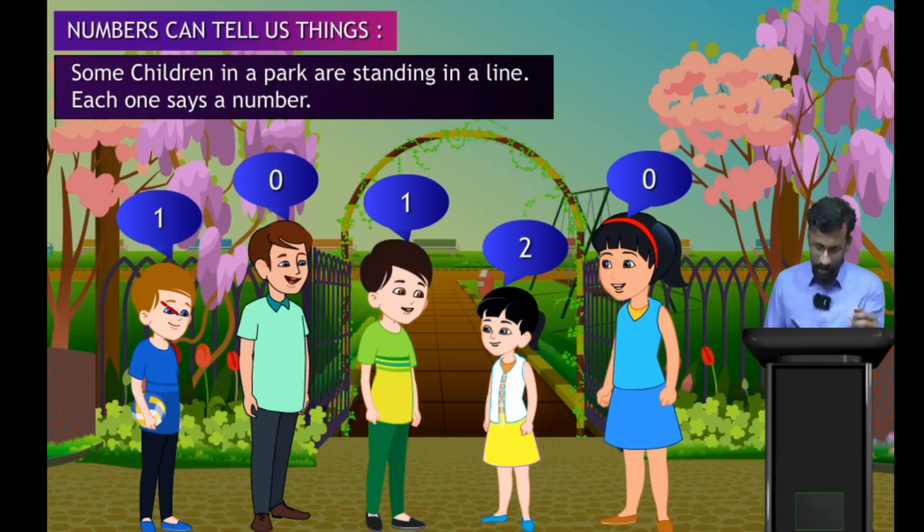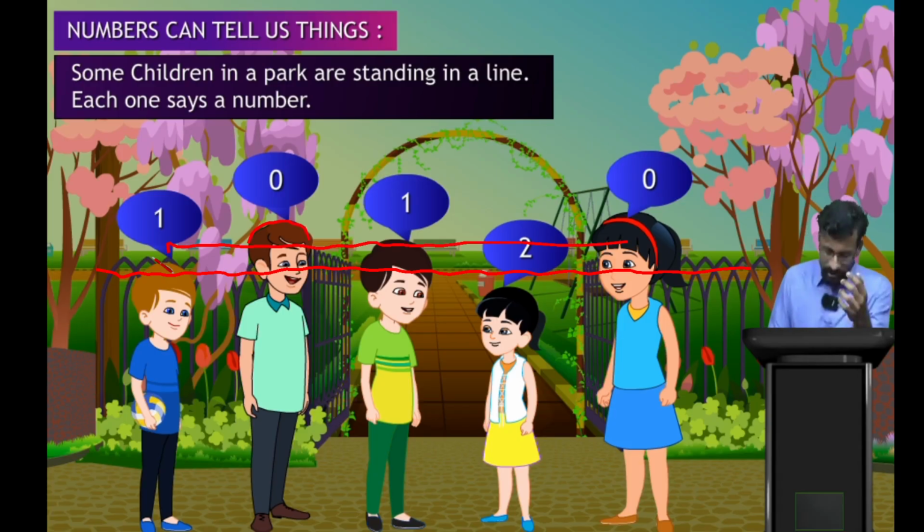Very good. Then for this one there are two neighbors. If you see carefully, he is tall, but his neighbors are shorter than him. Both the neighbors are shorter than him.